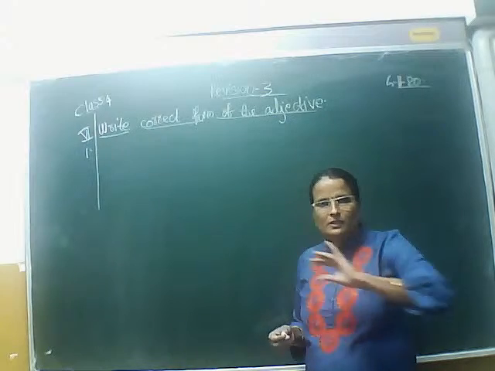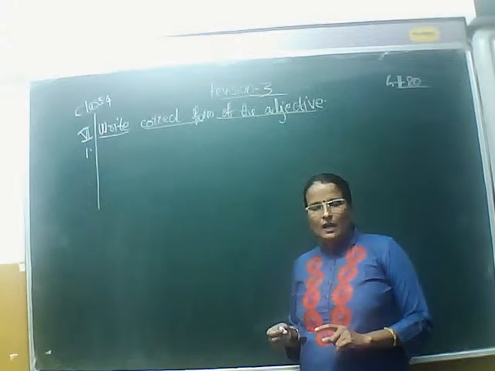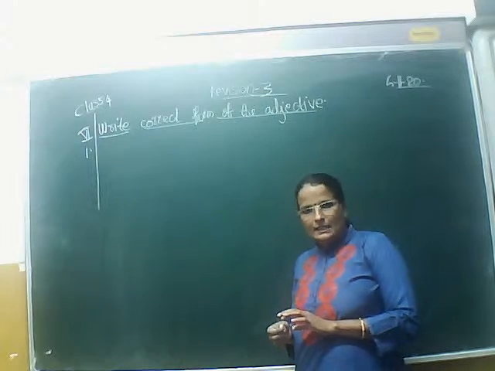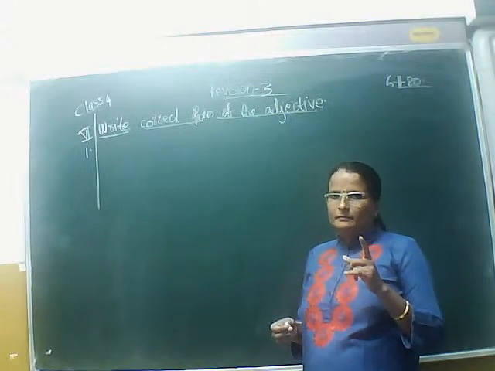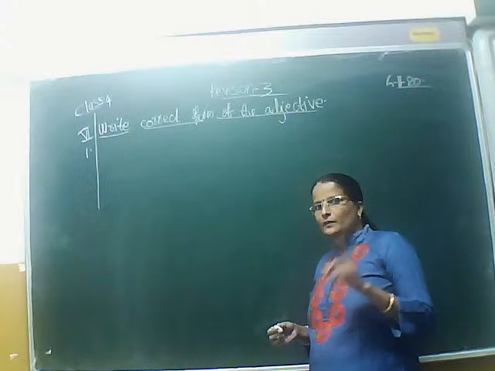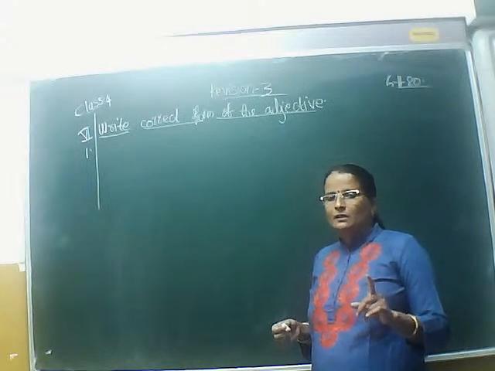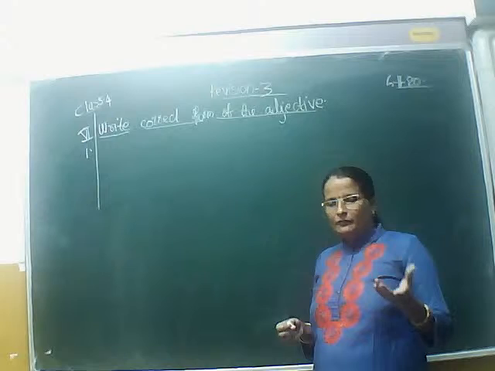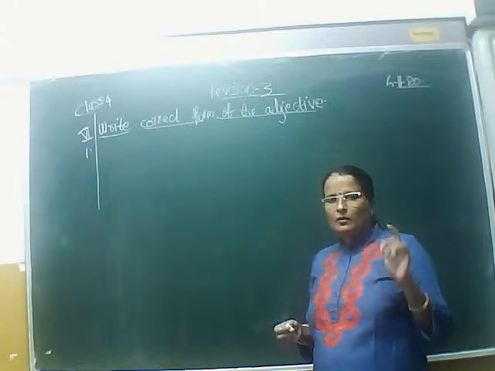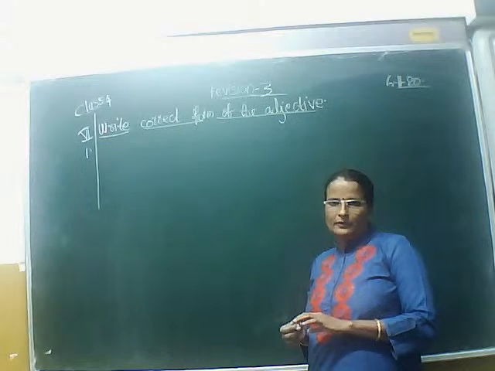If the adjective is long, then we add more in front of the adjective. If the adjective is short, then we don't use more in front of it. We add ER or IER at the end of it.